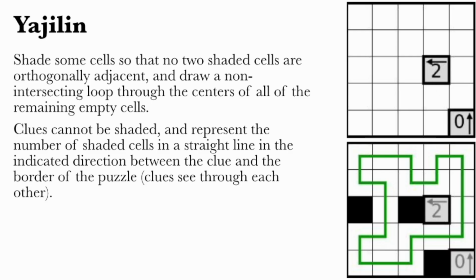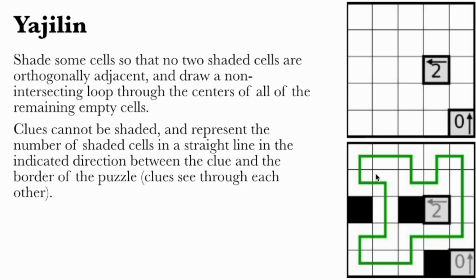And if this 0 were one cell to the left of where it is, the 0 clue would be applying to the whole column because it sees through other clues. It would be saying that this is not shaded, this is not shaded, this is not shaded. As it is, these 2 clues don't see each other, so that doesn't apply in this example.